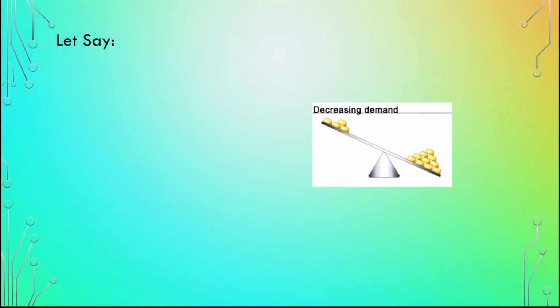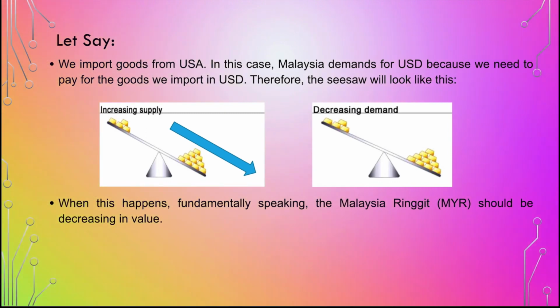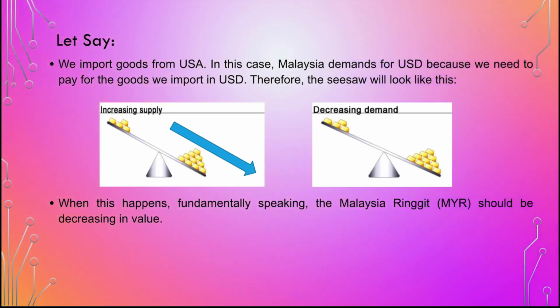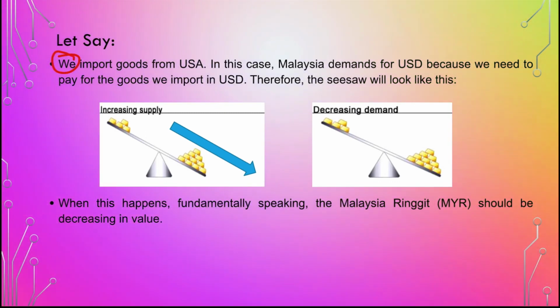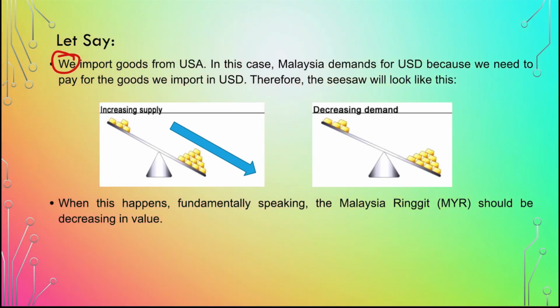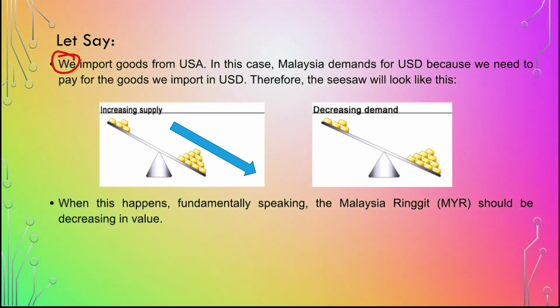Example, if we import goods from US, we here again refer to Malaysia. Malaysia imports goods from US. In this case, Malaysia demands US dollar because we need to pay for the goods we import in US dollar. Okay, we import goods, we buy goods from US.